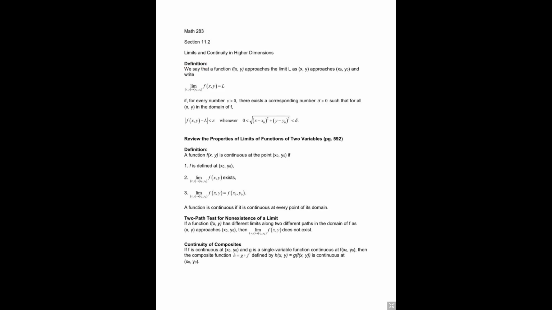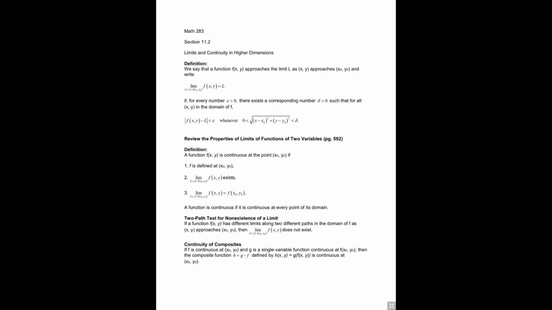So we can say that a function f of xy approaches the limit L as xy approaches x sub 0, y sub 0, and write it as the limit as xy approaches x sub 0, y sub 0 of f of xy is equal to L, if for every number epsilon greater than 0, there exists a corresponding delta greater than 0 such that for all x, y's in the domain of f, absolute value of f of xy minus L is less than epsilon whenever 0 is less than the square root of x minus x sub 0 quantity squared plus y minus y sub 0 quantity squared is less than delta.